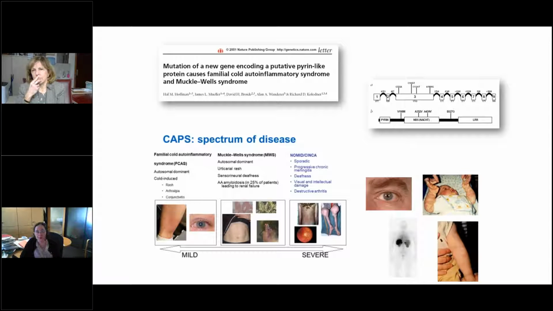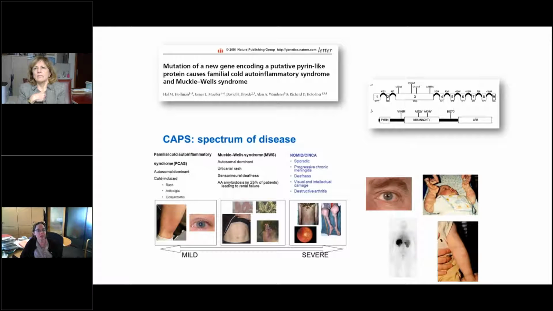At the most severe end of the spectrum, with CINCA NOMID, there is severe damage from chronic progressive meningitis with sensorineural deafness, visual loss due to eye inflammation at all levels of the eye from anterior to posterior, and a progressive destructive arthritis.